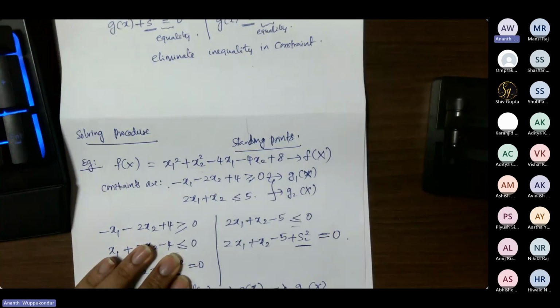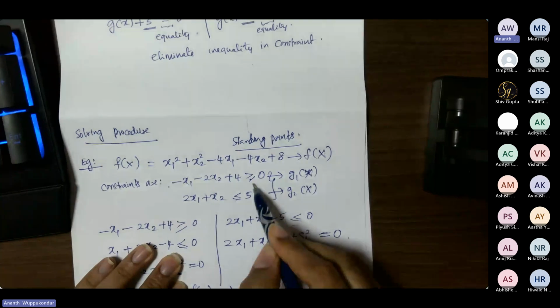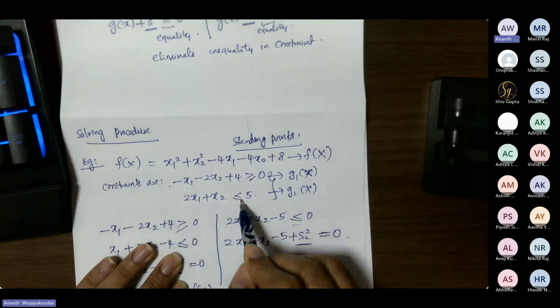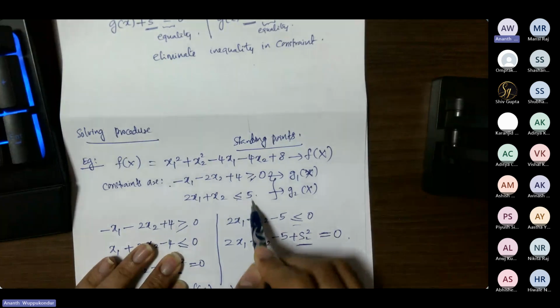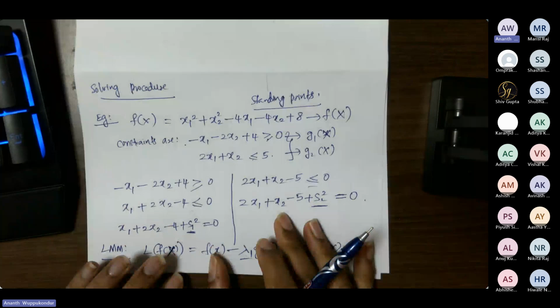The process that we followed was to first convert the inequalities into equalities. For g1, we have more than or equal to 0 as an inequality, and for g2, we have it as less than or equal to 5. These are the two inequalities that we need to convert into equalities.